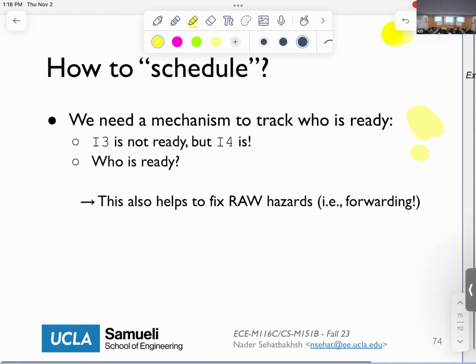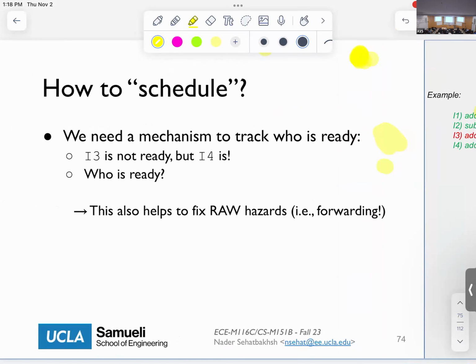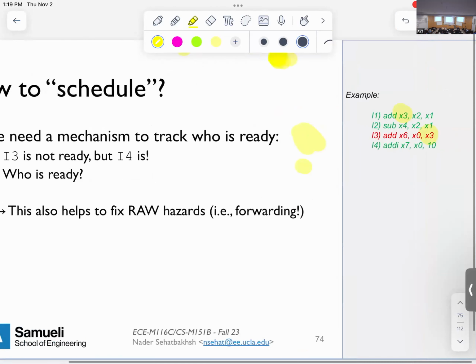Okay, so we need a mechanism to understand which instruction is ready, which instruction is not dependent on the previous instructions, and push that into our execution stage. We also need a mechanism to fix this forwarding or data hazard.